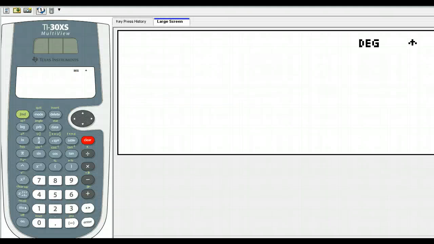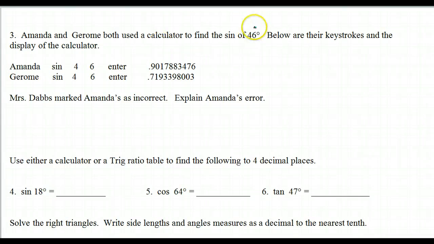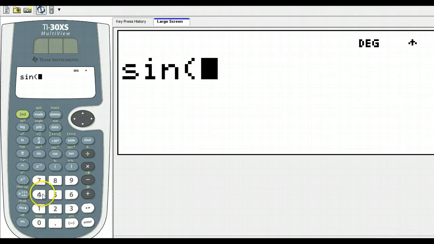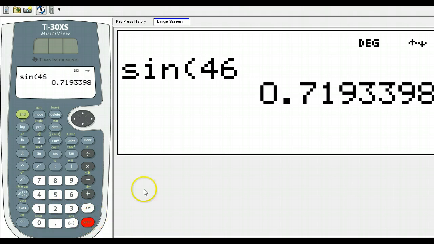Now, the problem says we're doing sine of 46. So they typed the sine button and then 4, 6, enter. So let's do the same thing. Let's hit our sine button and then we'll type 4, 6, and then hit enter.